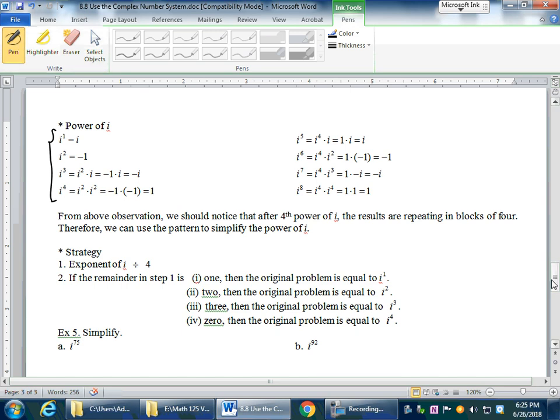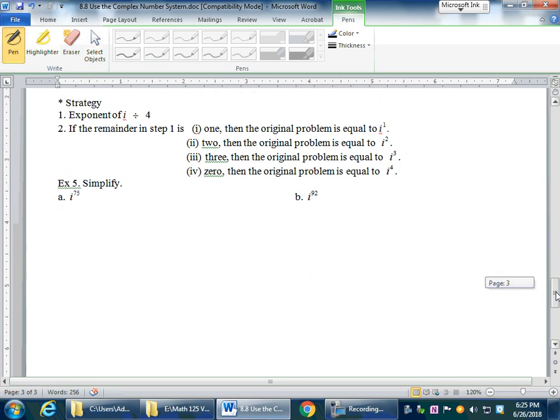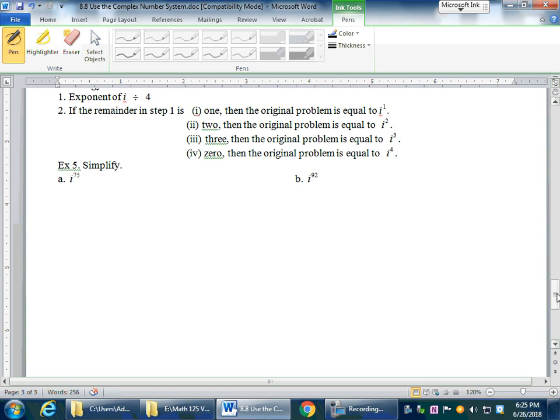So let's take a look at the first example. So here's the shortcut way first, and I'm going to show you a more proper way to write it down afterwards. According to the strategy, the exponent of i is 75.